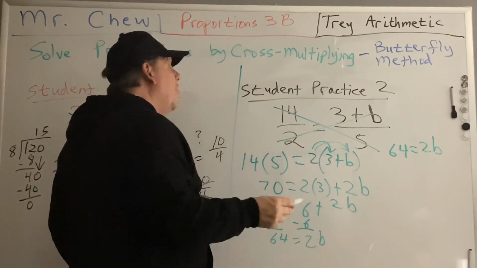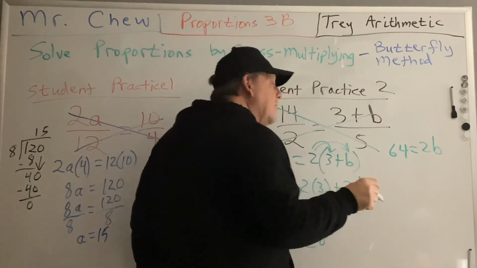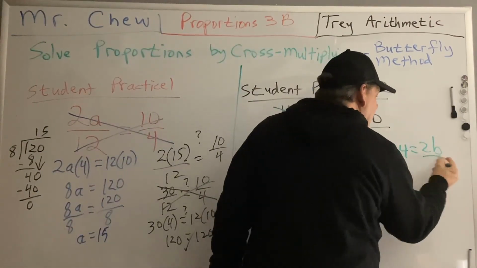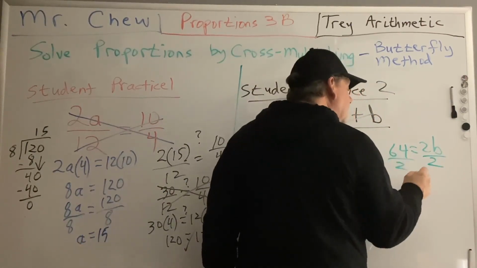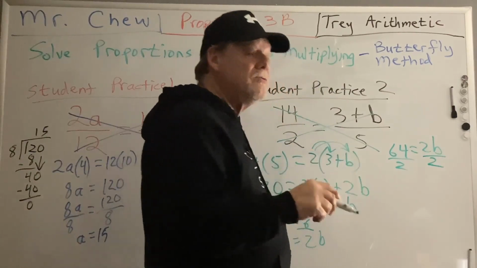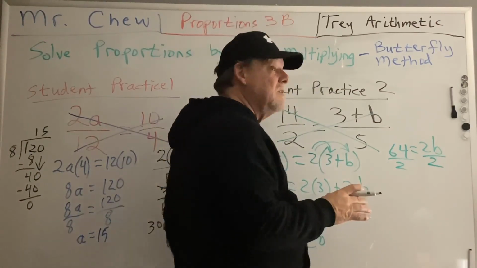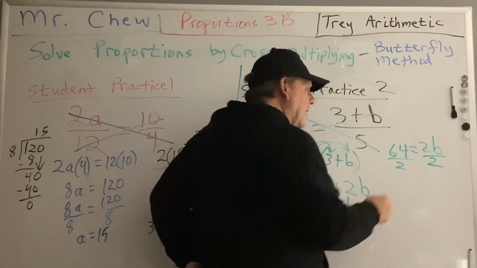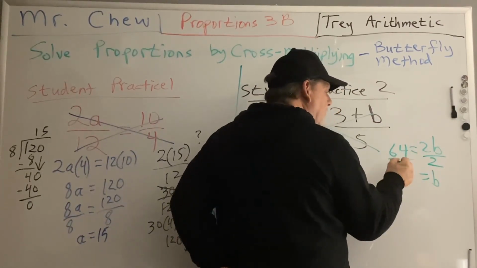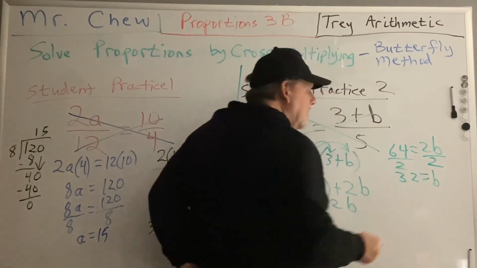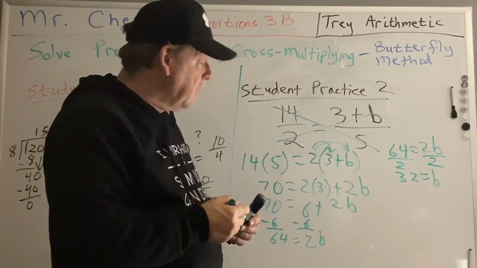I don't want 2b's, I just want 1b, so I do the inverse of multiplying by 2, which is divide by 2. I do the same thing to both sides using the division property of equality, which means that the equation still equals on both sides. 2 over 2 is 1, and 1 times b is b. 64 divided by 2 is 32. So I believe the answer is 32.